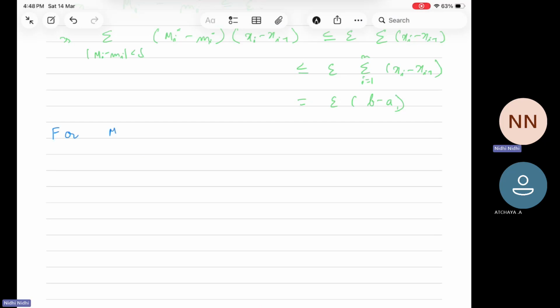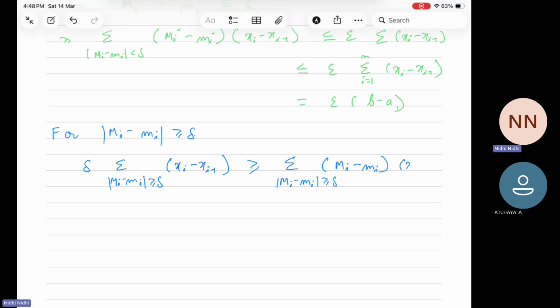For capital Mi minus small mi greater than or equal to delta, we have delta times the summation of Mi minus mi. Anyway, this modulus has no effect. Delta times xi minus xi minus 1 is greater than or equal to the summation over Mi minus mi greater than or equal to delta of Mi minus mi times xi minus xi minus 1.